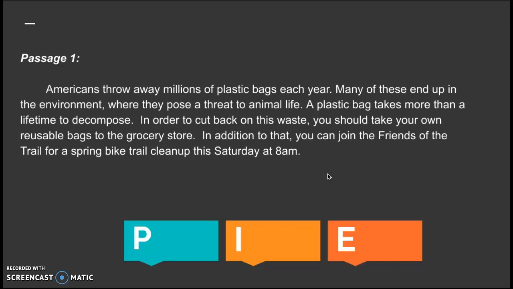A plastic bag takes more than a lifetime to decompose. In order to cut back on this waste, you should take your own reusable bags to the grocery store. In addition to that, you can join the Friends of the Trail for a spring bike trail cleanup this Saturday at 8 a.m. So go ahead. What type of writing is this? Persuasive, informational, or entertainment?